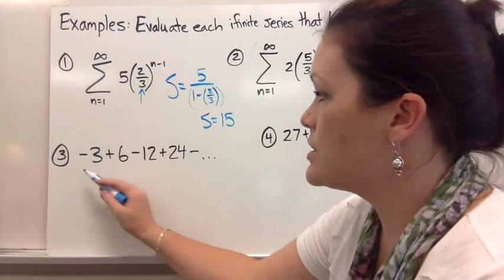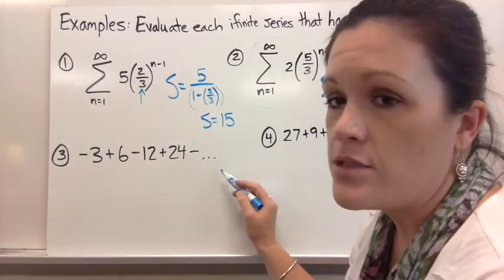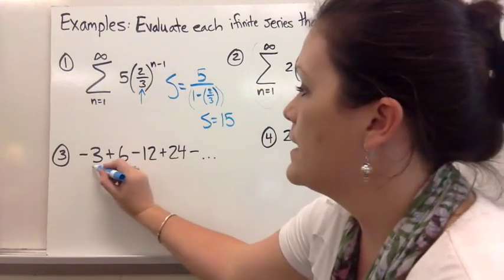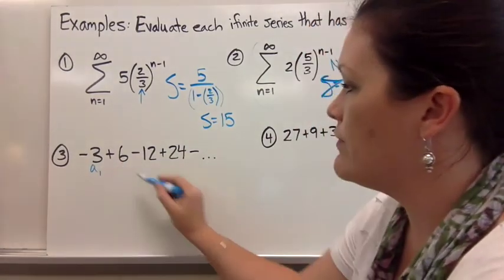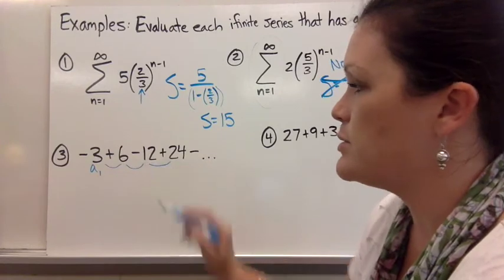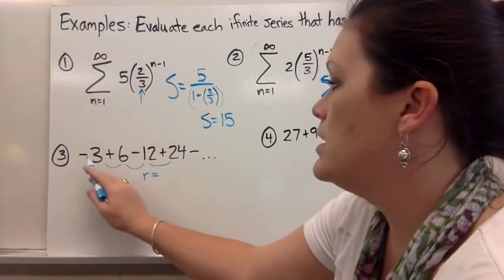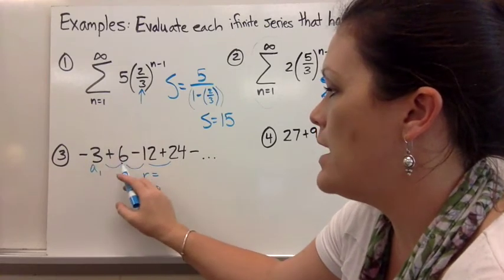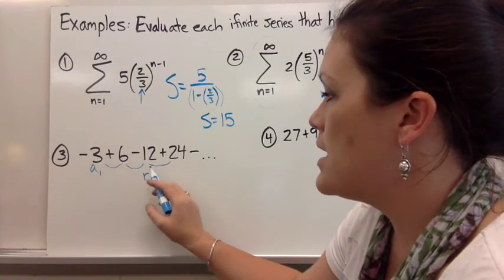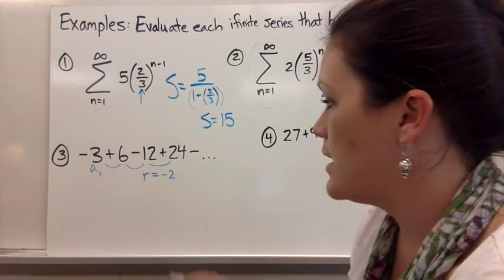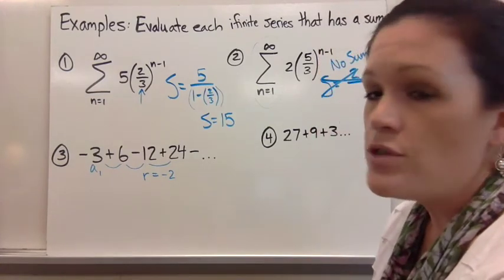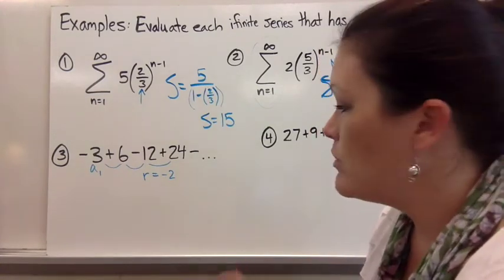For number 3, we're just given the series as a list. So we still have enough information. Here is a sub 1, and then we can figure out what the r value is between each term. So it looks to me like r would equal -3 times -2, 6 times -2, so it looks like r is -2. But then the absolute value of -2 would be greater than 1.